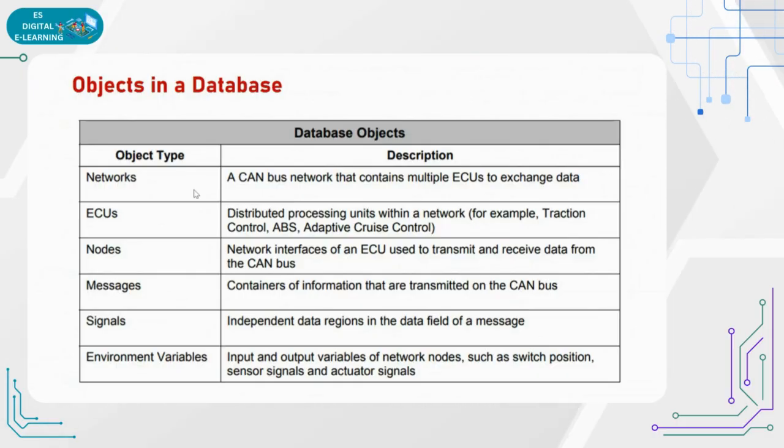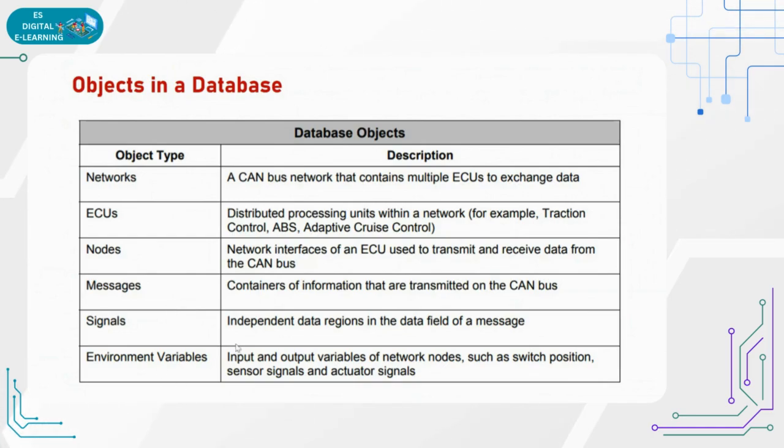If anyone asks what a database file is, it usually has the bus network that contains multiple ECUs to exchange data. ECUs are specifically for the traction controller, ABS, cruise control, any radar or camera; anything is part of an ECU. A node is an interface or interconnection between one ECU and another. A message is the part that transmits the data, and a signal is nothing but the values which carry the data.